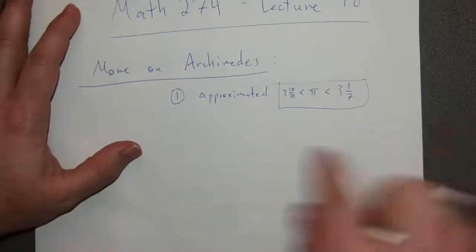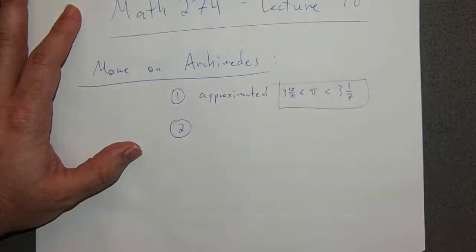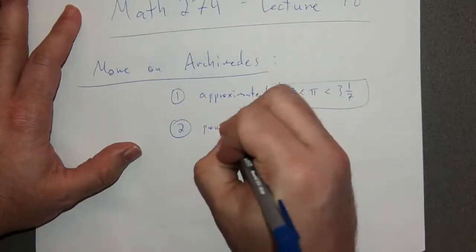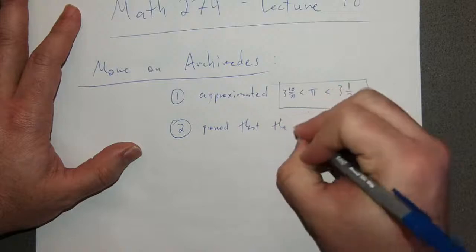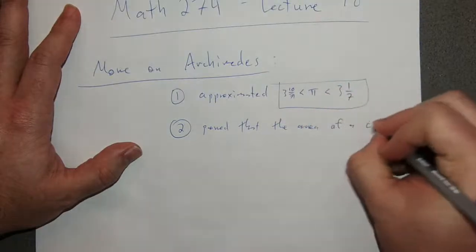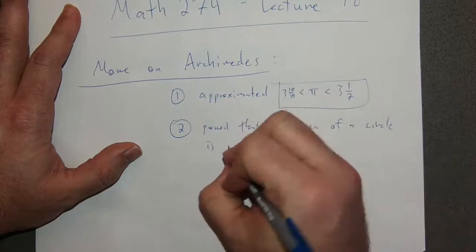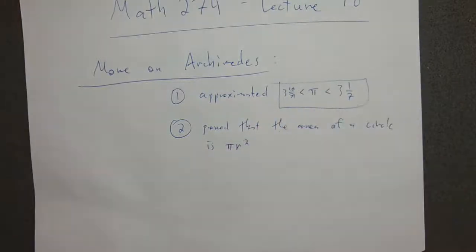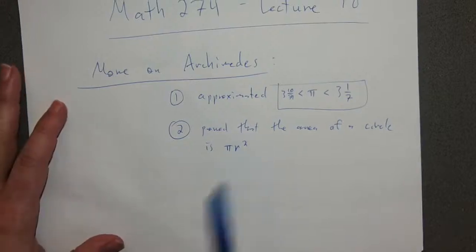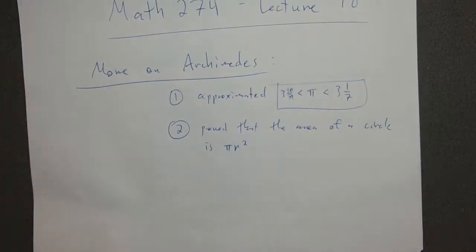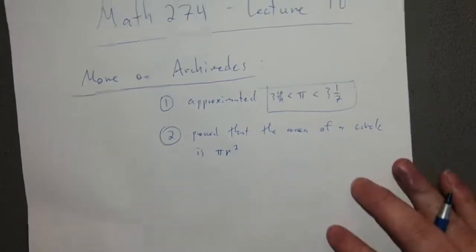Perhaps not surprisingly, he proved that the area of a circle is pi r squared, where r is the radius. This finishes work that was originally set in motion 200 years prior to Archimedes. Remember, going all the way back to Antiphon, who was the first to come up with this idea of inscribing regular polygons of larger and larger size.